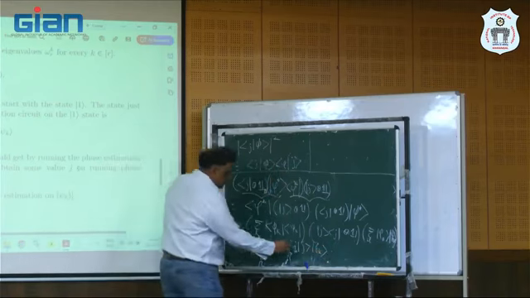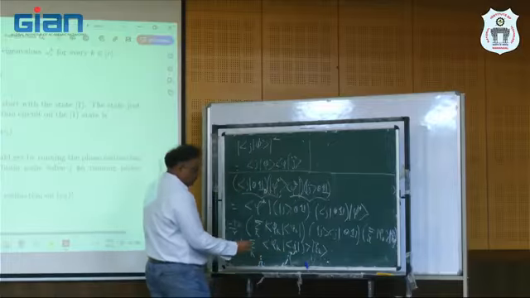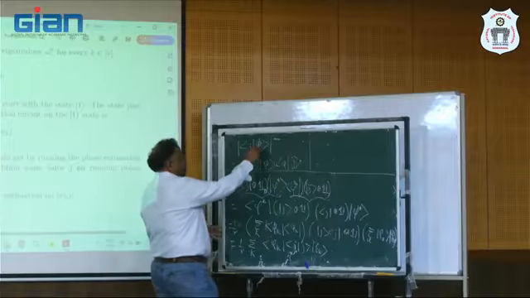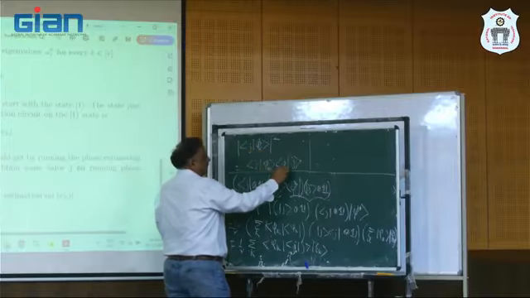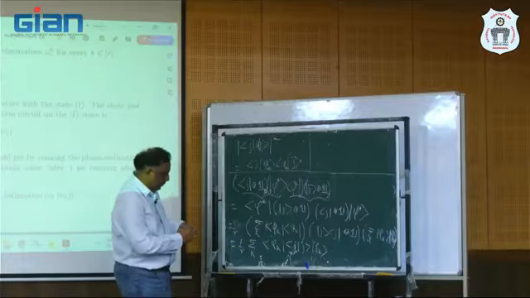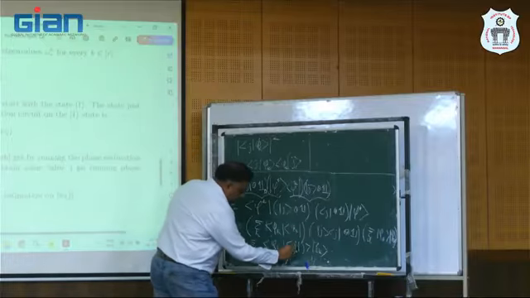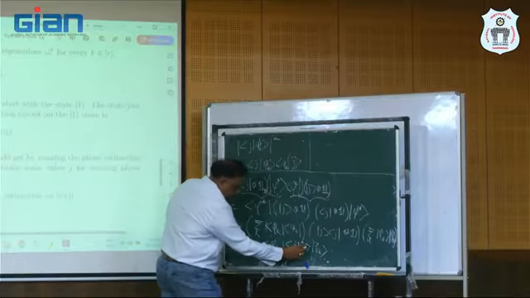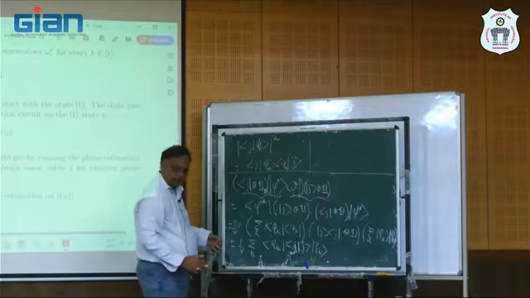What is this? This is the same as this. If I do for k, this is the same. Remember? Look here. There's a J here, right?